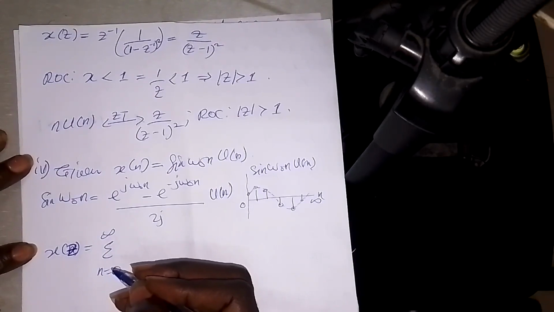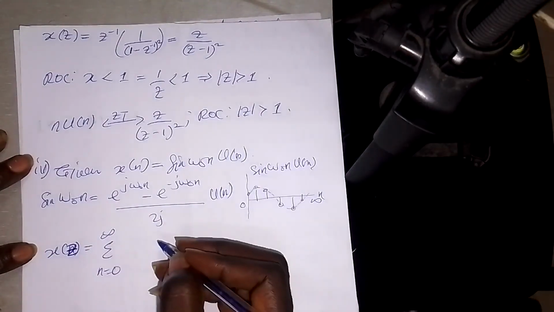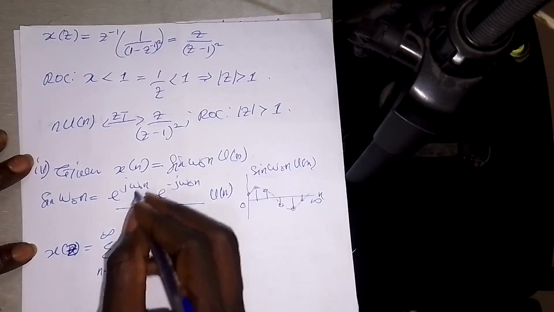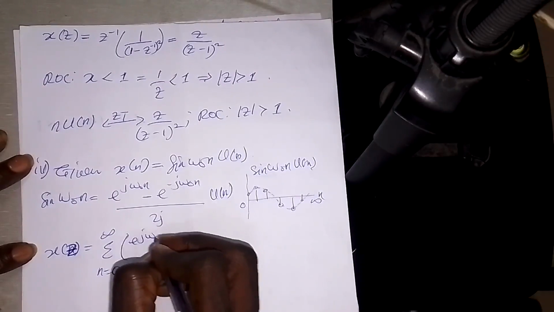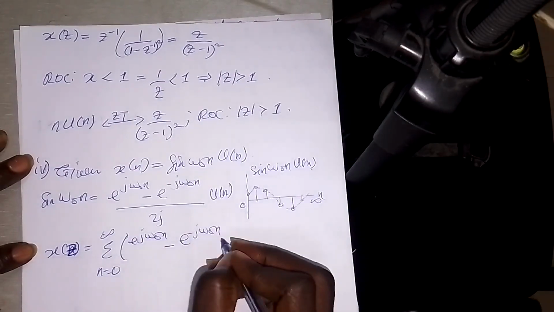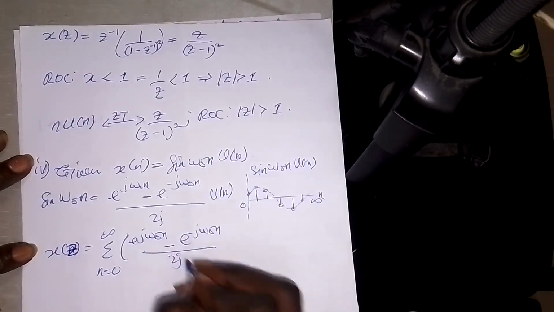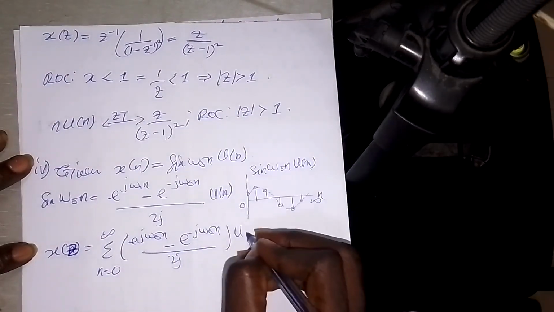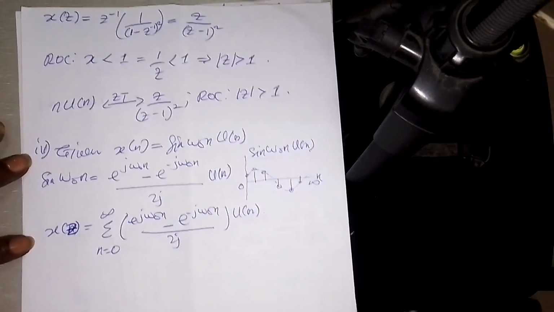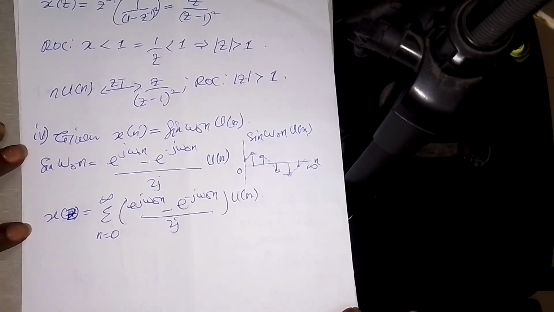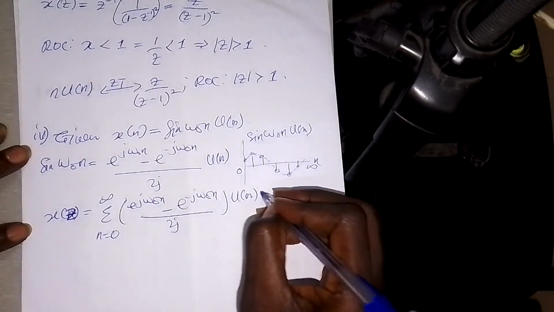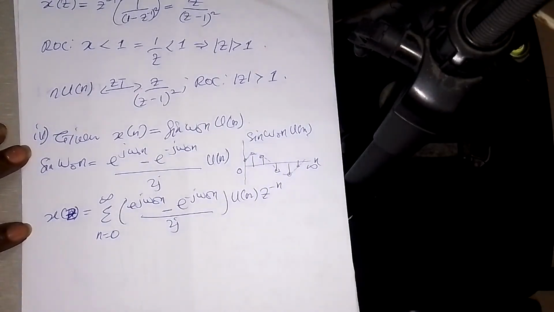Now what I can do is have (e^{jω₀n} minus e^{-jω₀n}) over 2j, into u(n), into z^{-n}.